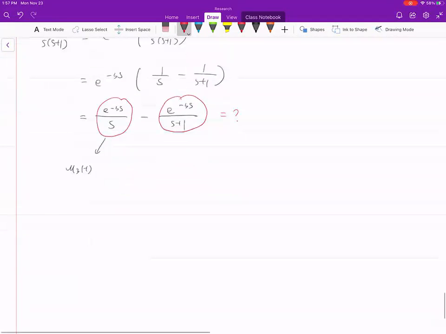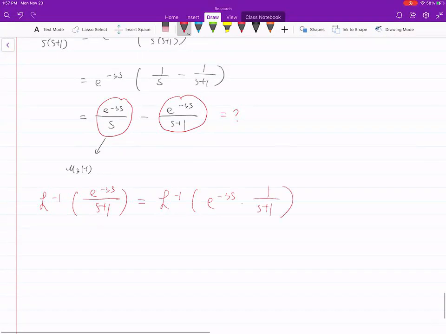Okay, so the key, what is this? Moreover, we can split it into e to the negative s times 1 over s plus 1. We probably want to focus on this, which we know goes to e to the negative t, but what does this part do?